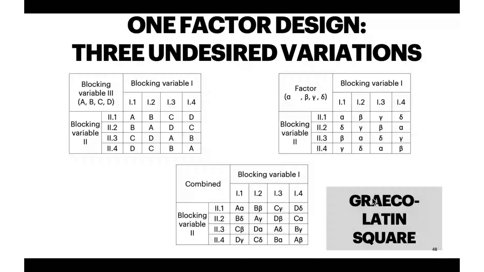This combination is known as a Greco-Latin square. Essentially, instead of looking at all possible experimental designs, we are merely looking at 16.